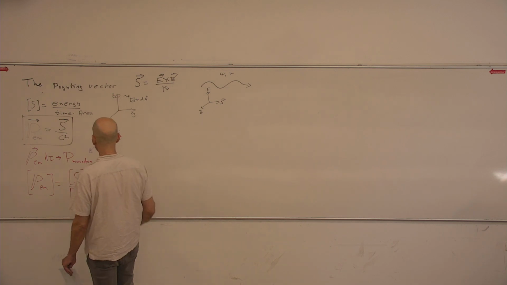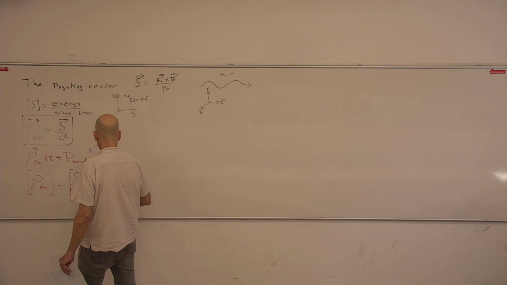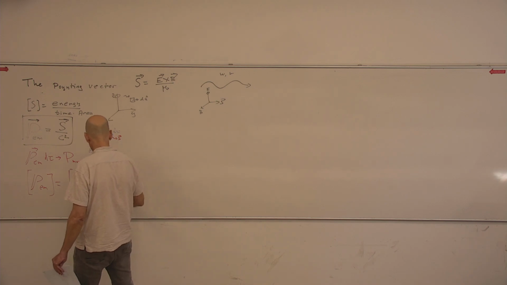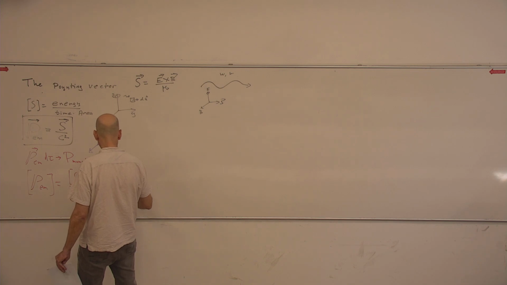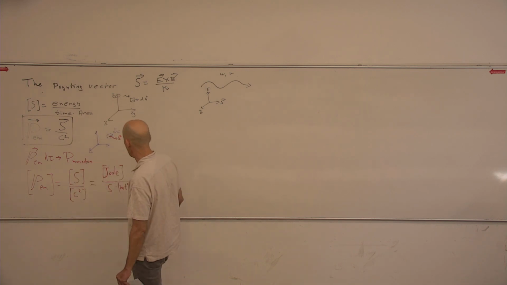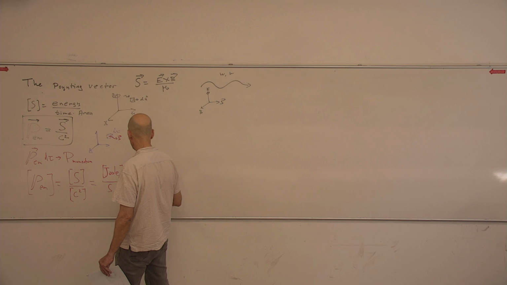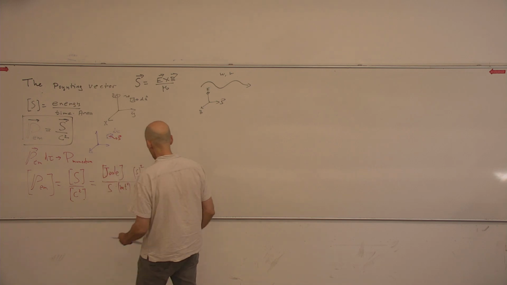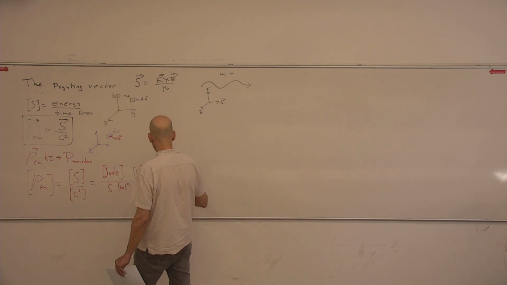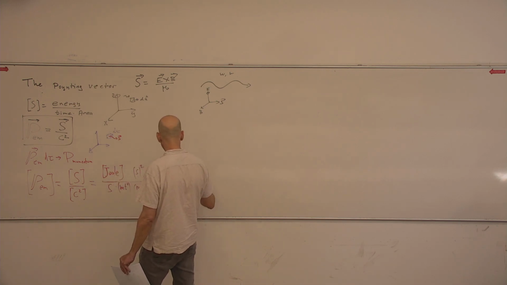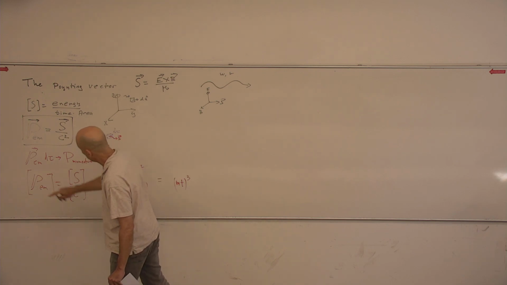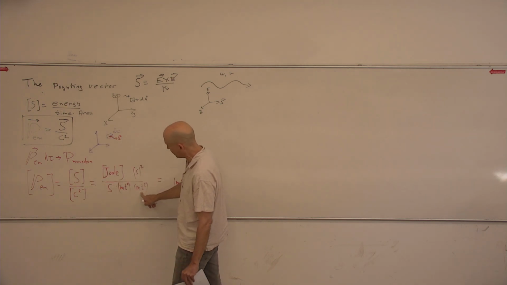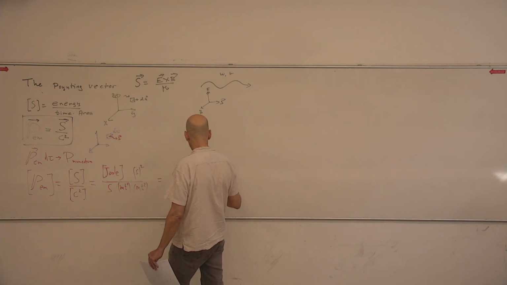S is joule over time, so let's write it as second, meter squared, that's the area. Right, this is the S. Now here we have meter squared, that's the velocity here, second squared. So I'm going to write this as meter to the power 3. Why? Because this is momentum density. So here I have meter to the power 4. I'm going to write it like meter.